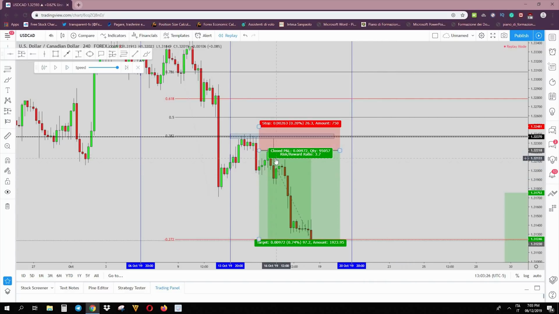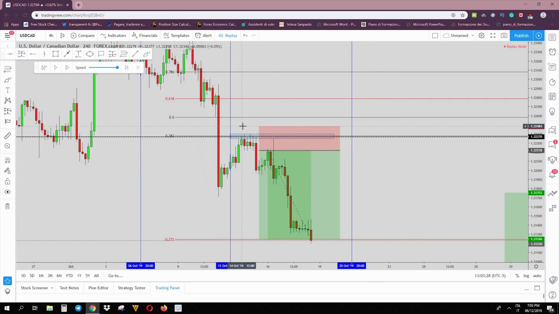But the next step, as I was saying, you go on the 4-hour time frame and you see when you should have taken the trade. At that point, you know how and when you were supposed to take the trade and how the trade actually played out. So if the market actually respected the strategy and there was a win, or if it was a loss.